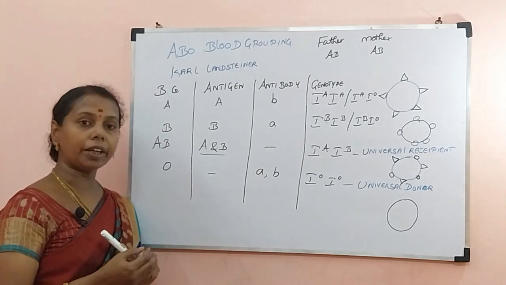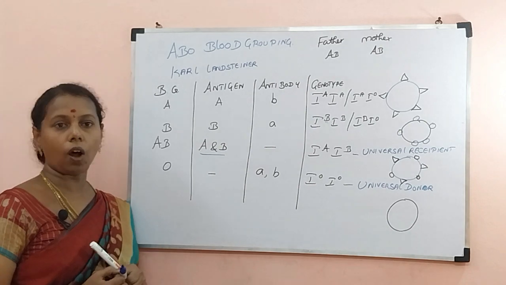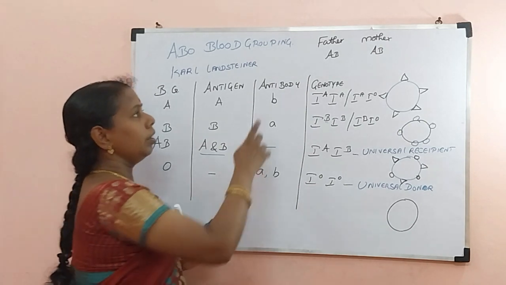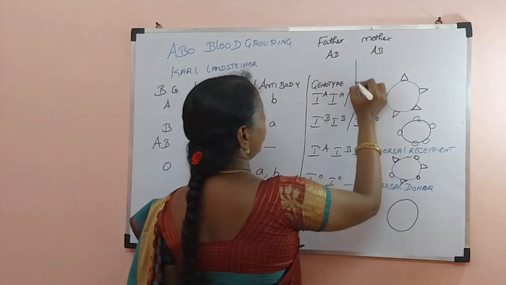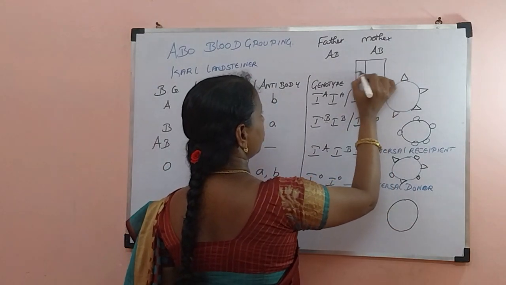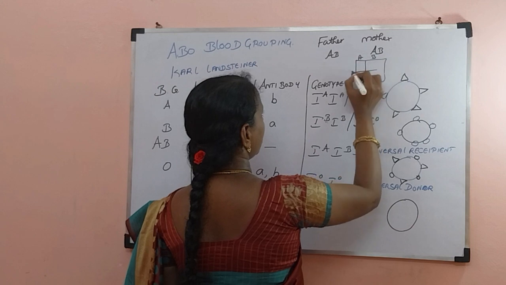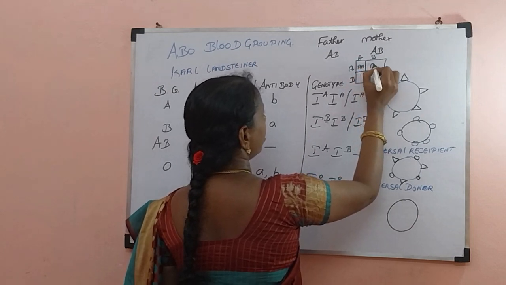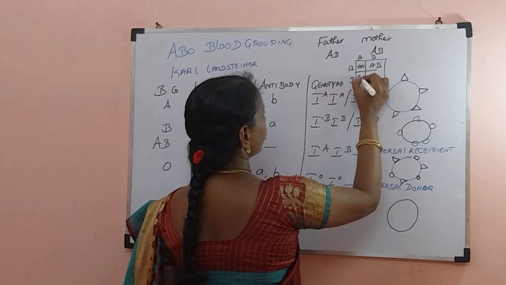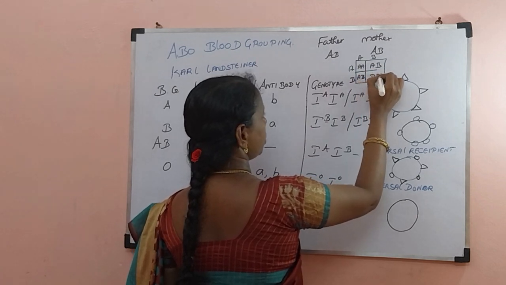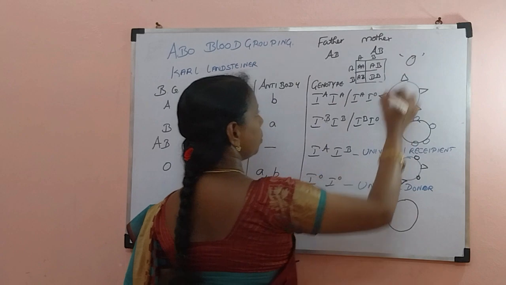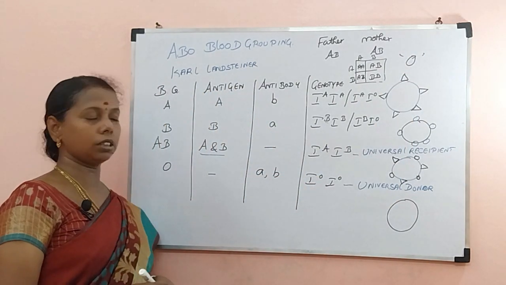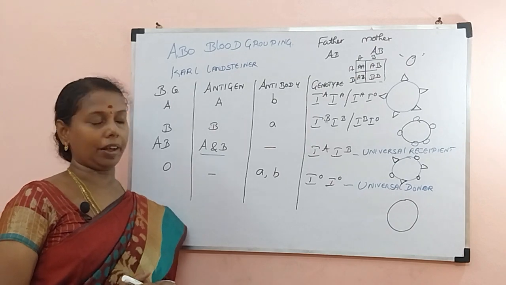Like here, when we work out with a checkerboard, IA, IB, what is not possible? A is possible, AA, AB is possible. Of course, AB is possible, BB is possible. So what is not possible? O blood group is not possible for parents with this blood group.